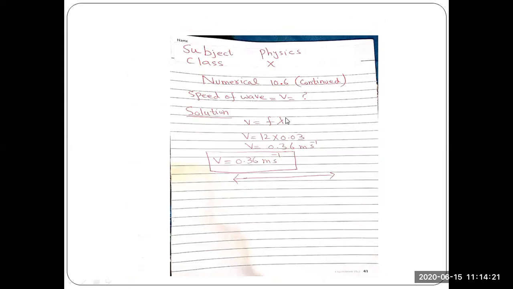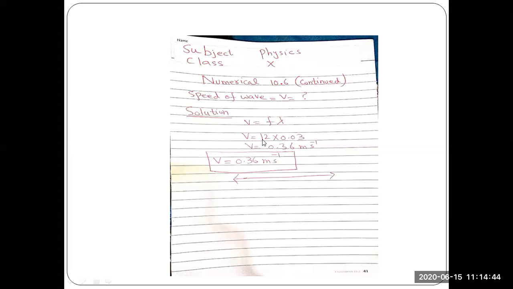So, continuing the same numerical 10.6, we are asked to find the speed of the wave. Speed of wave is denoted with letter V, so V is what we need to find out. Solution: V is equal to f lambda, where lambda is the wavelength and f is the frequency.